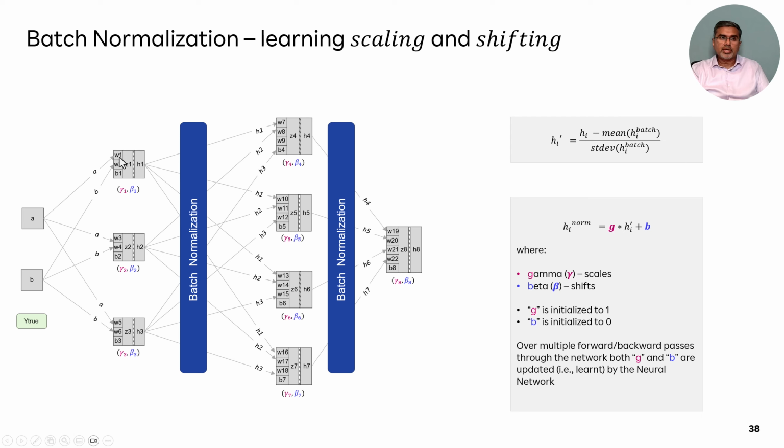And just like you would adjust the weights and bias by taking a derivative of the loss over the weight, you would also take a derivative of the loss over the gamma and beta values. And over multiple training runs, the neural network will also learn what is the right value of gamma and what is the right value of beta.